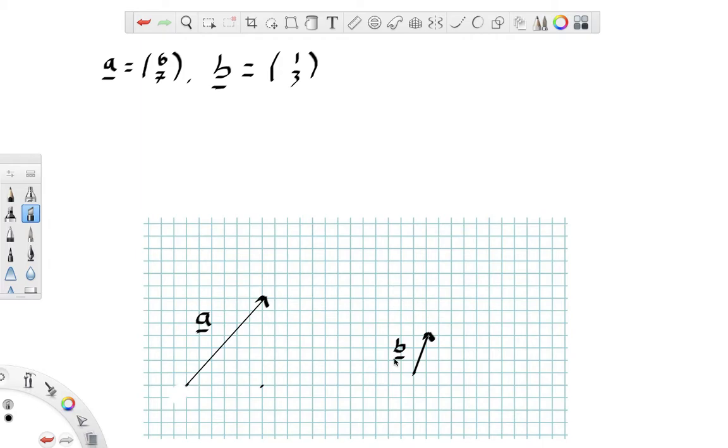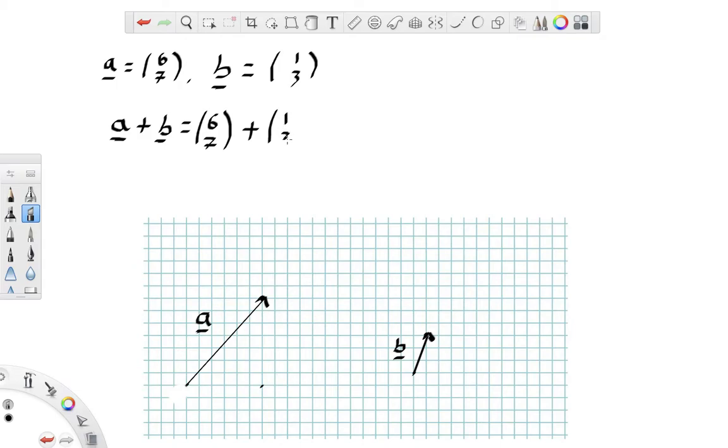Okay, so now we're going to have a look at adding these vectors together. Written down algebraically, that will be the vector A plus the vector B. Okay, then how do we add these vectors together? Well, we knew that A was the vector 6, 7, so we just write that down. So we just substitute in, essentially. And then we knew that B was 1, 3.